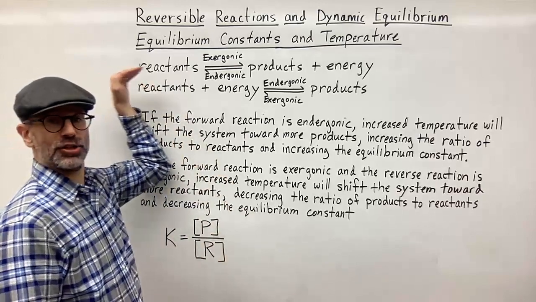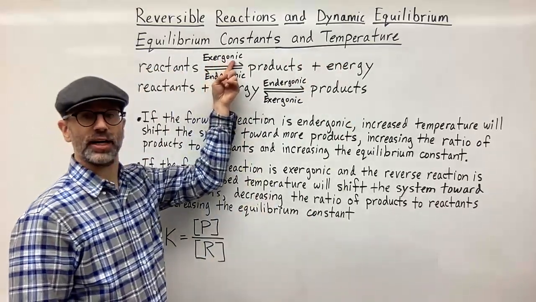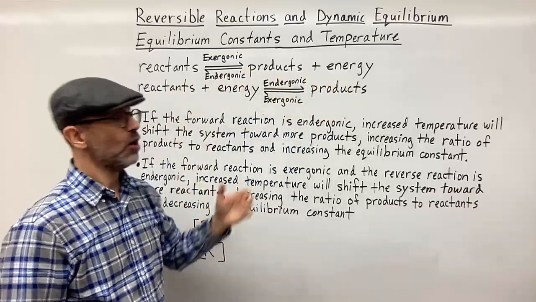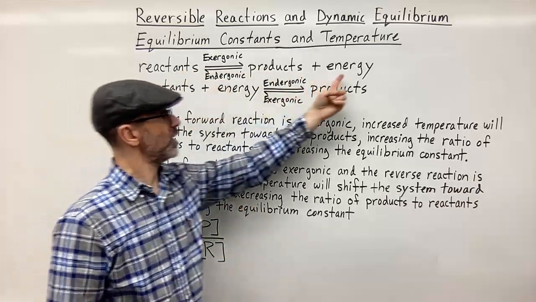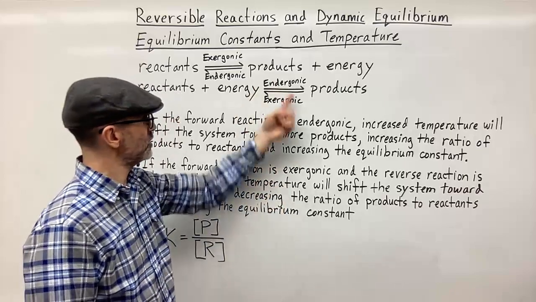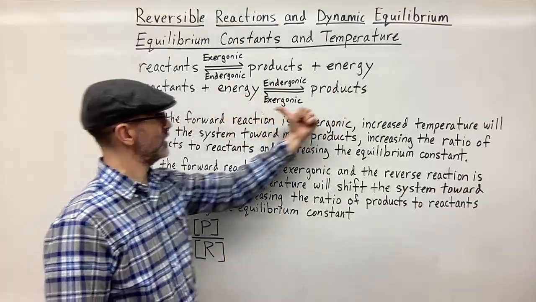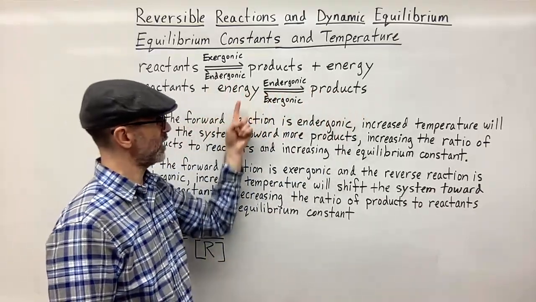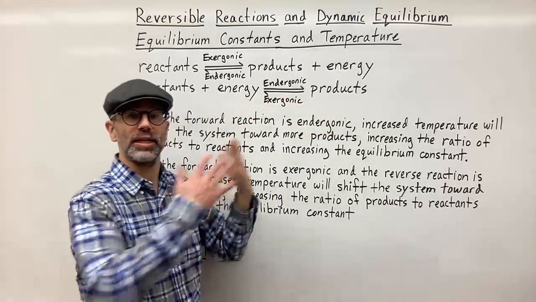If you've got energy being released in the forward reaction, we would call that exergonic. But of course, we can always view this in the reverse direction as well, right? So going this way, it's endergonic because you absorb energy in this direction. In this reaction here, products, you got energy on this side, so going in the opposite direction, you're releasing energy. And so this direction would be exergonic, releasing energy.